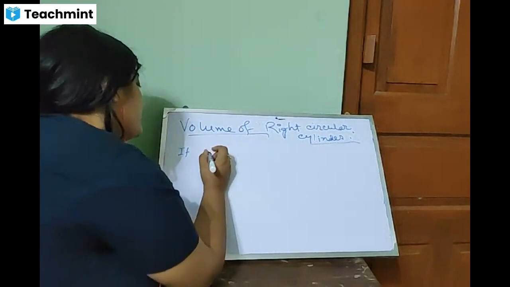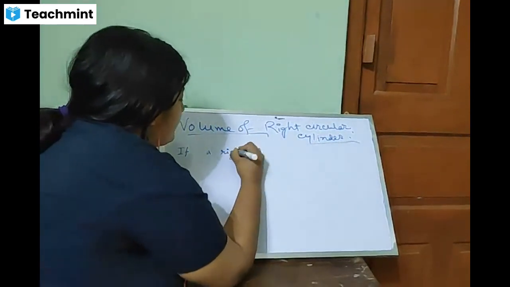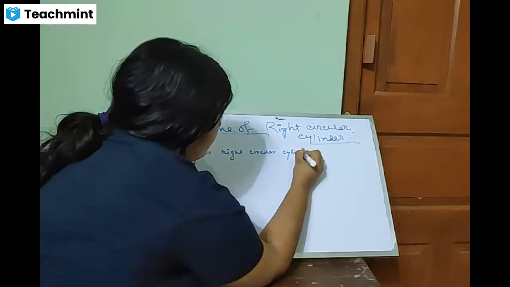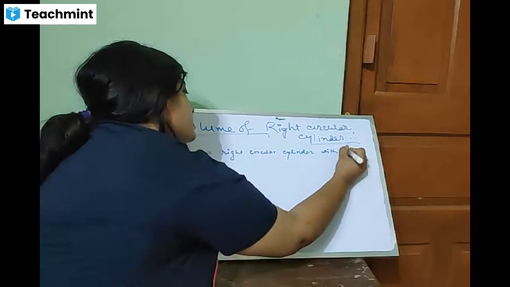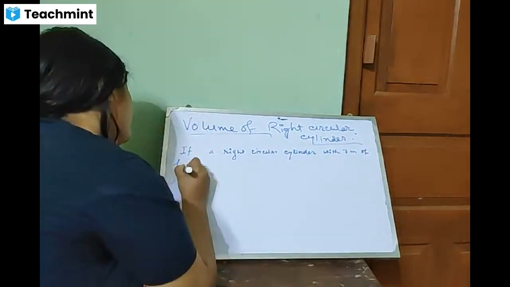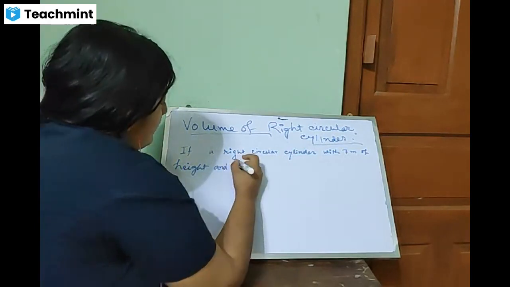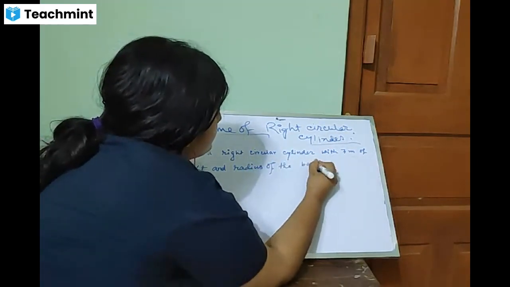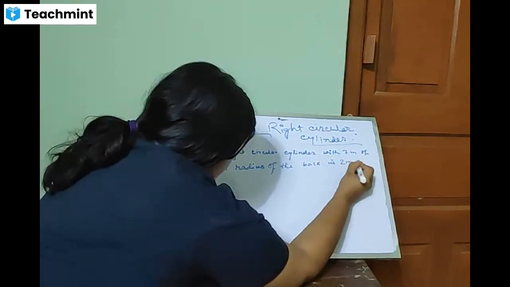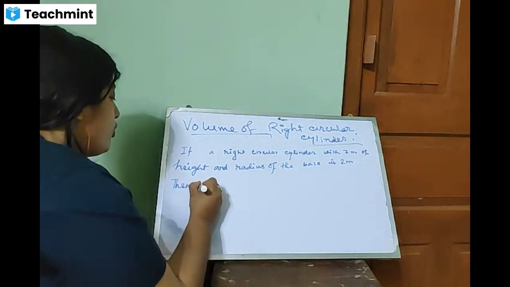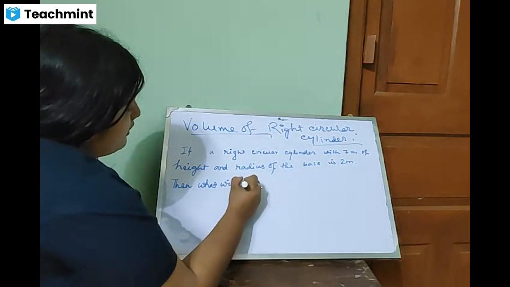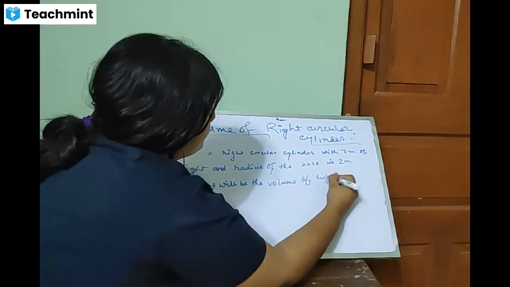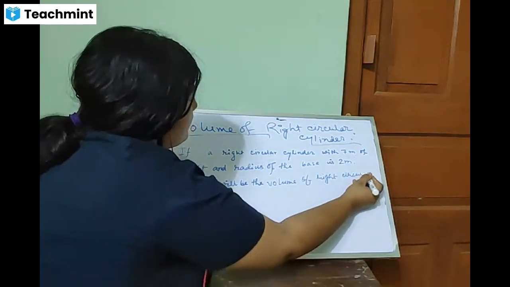If a right circular cylinder with 7 meters of height and radius of the base is 2 meters, then what will be the volume of the right circular cylinder?